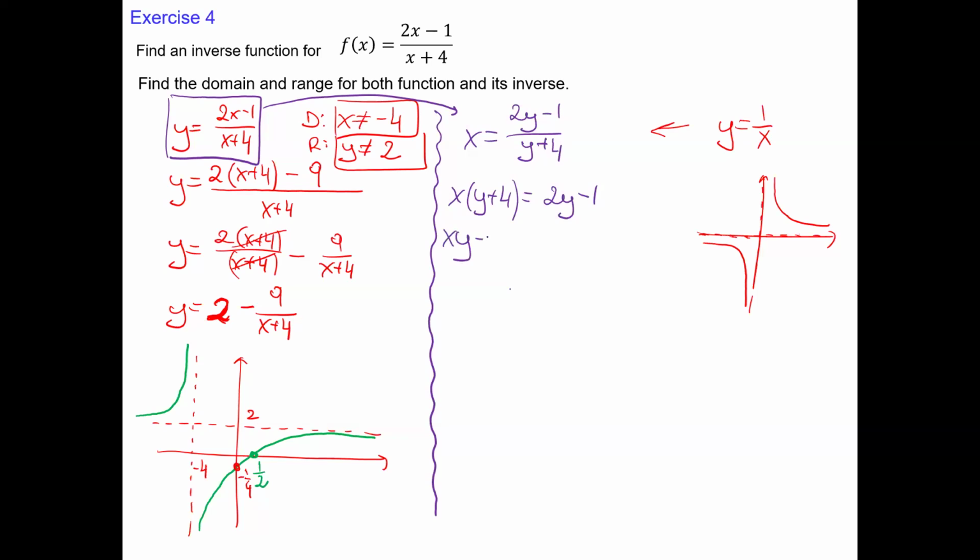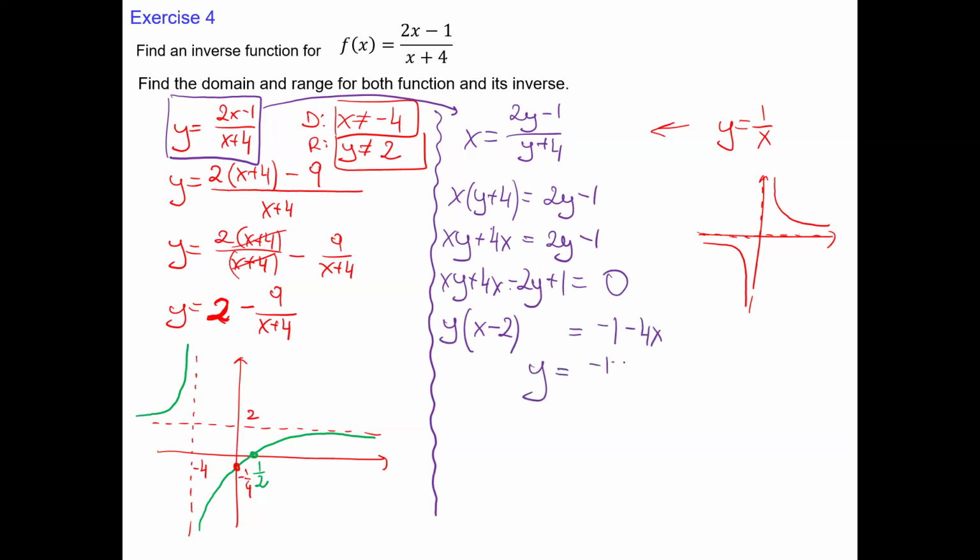Subtracting 2y and 4x and adding 1, then factoring out y: y times (x minus 2) equals negative 1 minus 4x. Divide by x minus 2.